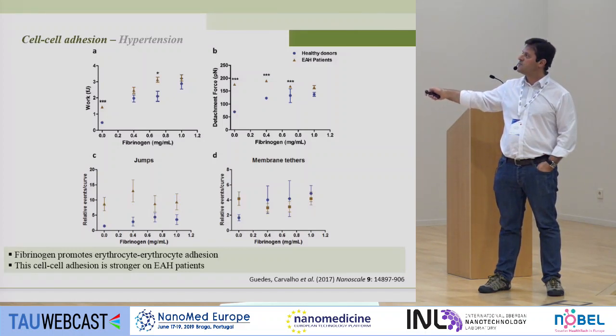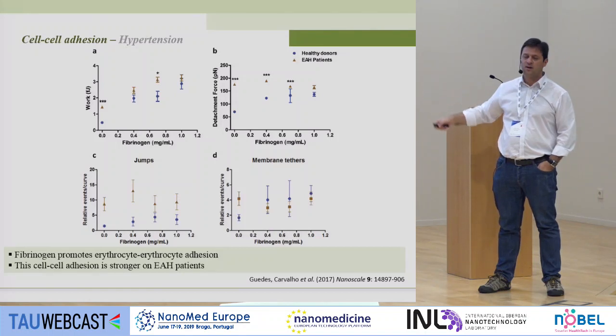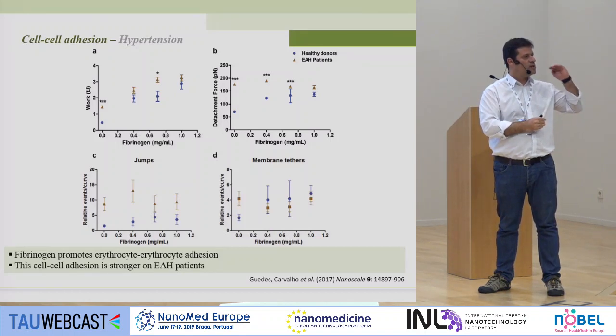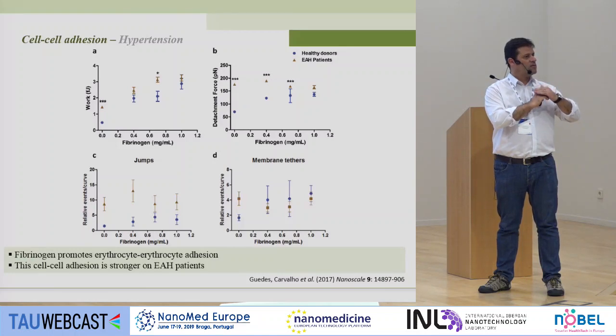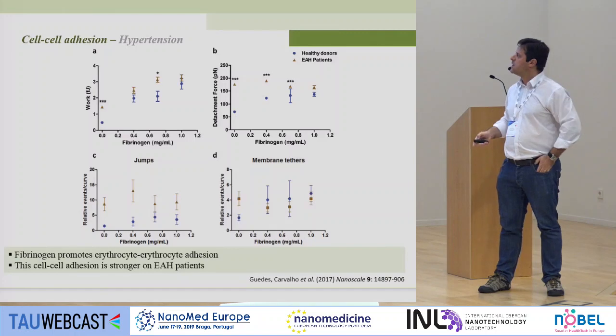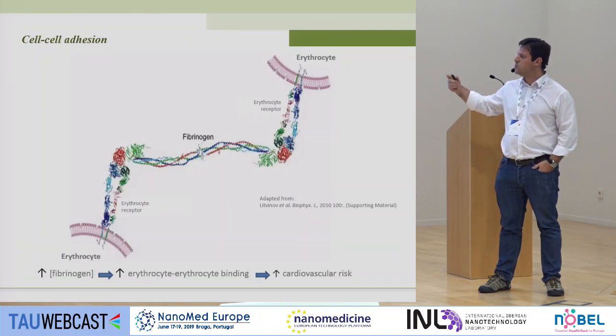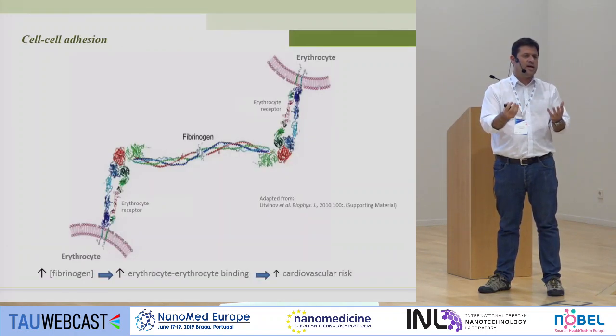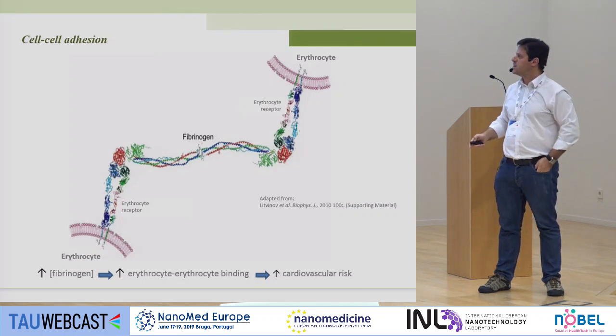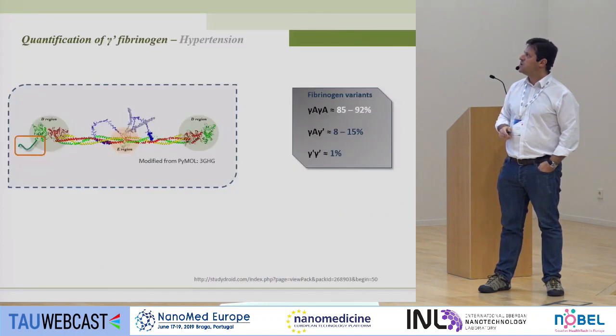But you can see that patients start from the beginning with higher values, higher energies necessary for cell-cell detachment. And so we could demonstrate at a lower scale that the fibrinogen molecule can transiently bridge these two erythrocytes, contributing to the increased cardiovascular risk.